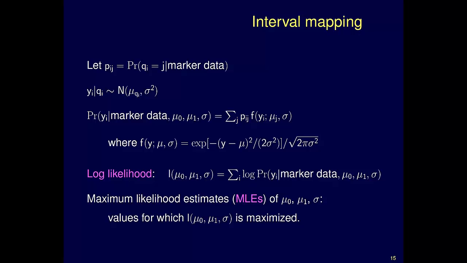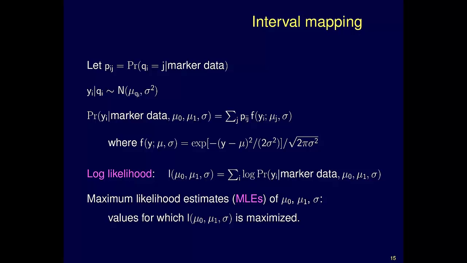But given the marker data, we don't have a normal distribution, we have a mixture of normal distributions. We have the normal distribution for different QTL genotype averages weighted by these probabilities.